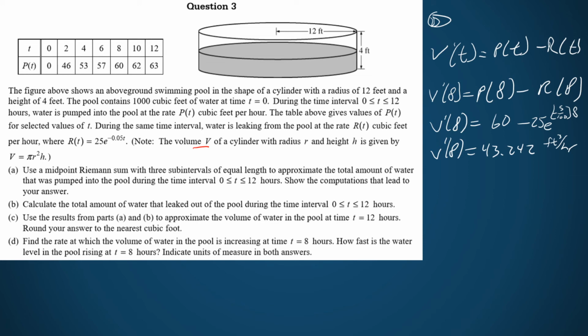Okay, then if I wanted to solve for how fast the water level is rising, what equation would I need to use?